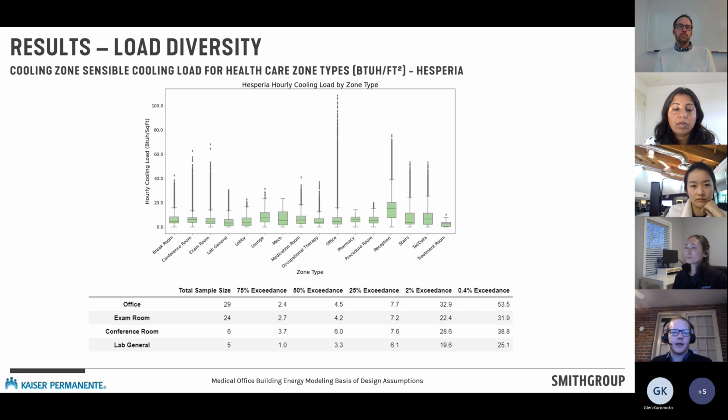And the same is reflected in the box and whisker plots above. You can see a lot more outliers happening in office zone rooms, but the bulk of the time, the sensible cooling load was very close between the offices and the exam rooms. And so I'm going to pass it back to Jess real quick to wrap everything up.